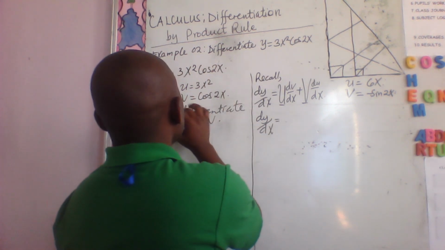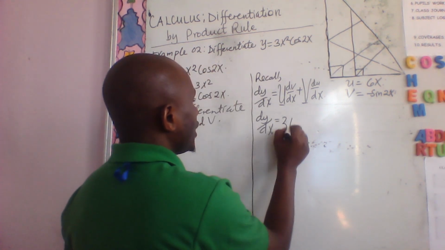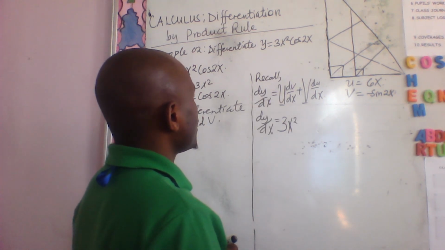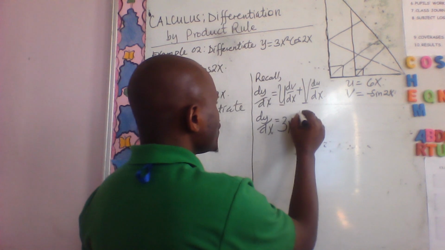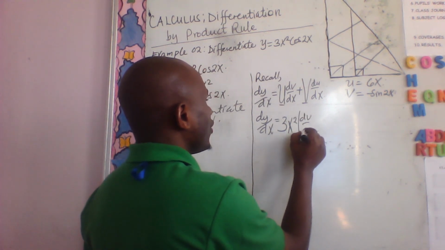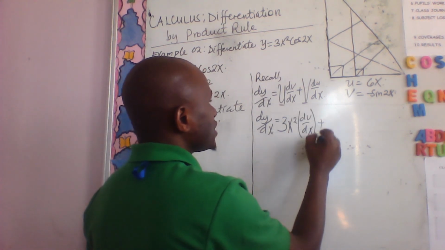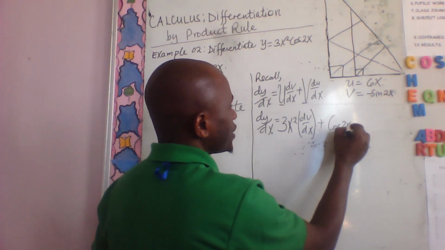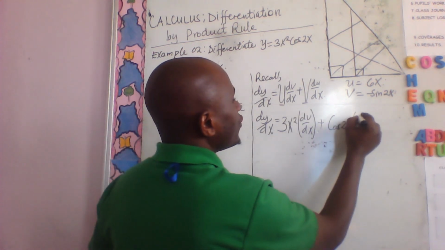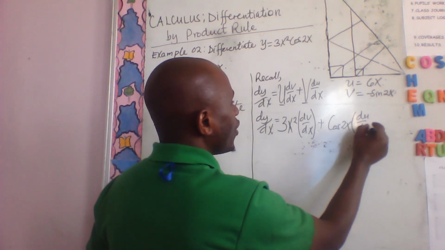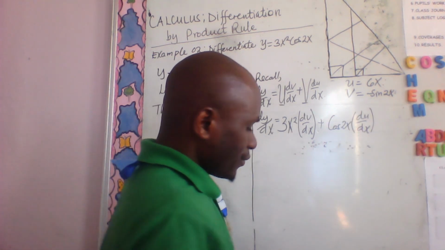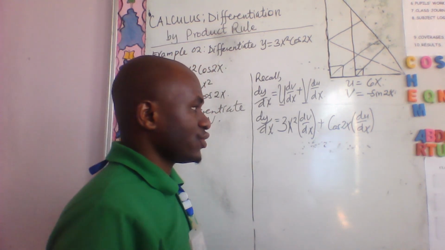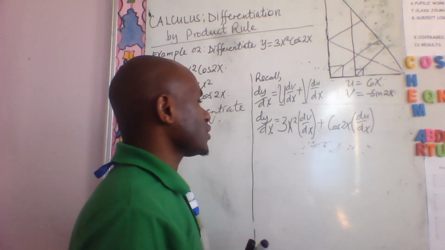So u here is equal to 3x power 2. This is the value of u times dv over dx plus v, the value of v is cos 2x, times du over dx. After knowing that, let us proceed to see how to get that product.